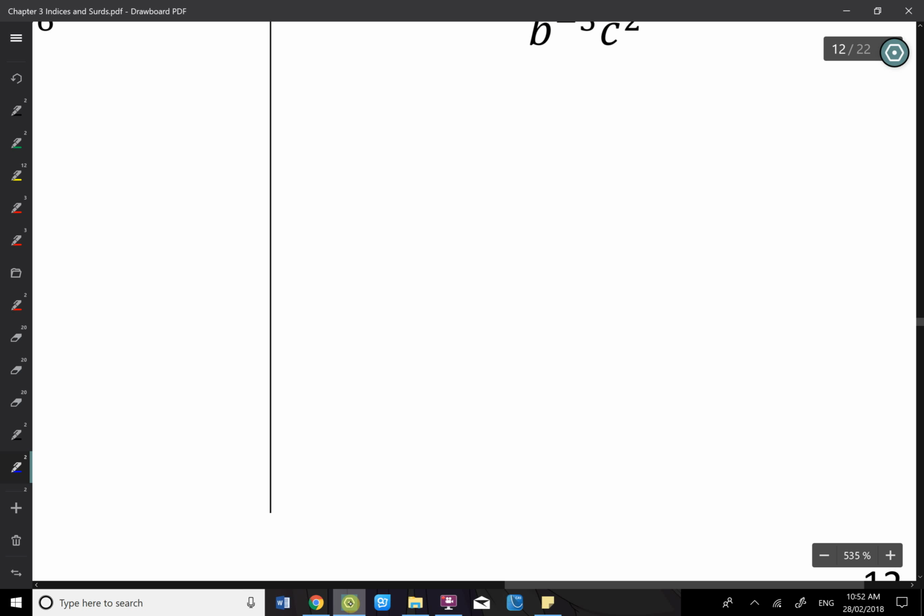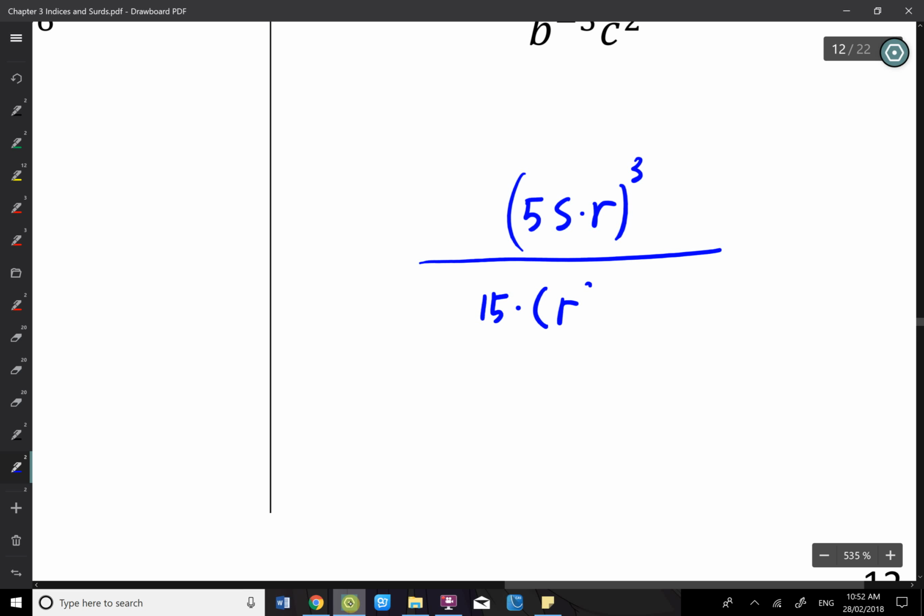So as we have 5s r to the power of 3 over 15 r to the power of negative 2 s to the power of, let's make that negative 1, s to the power of 4, to the power of 2.